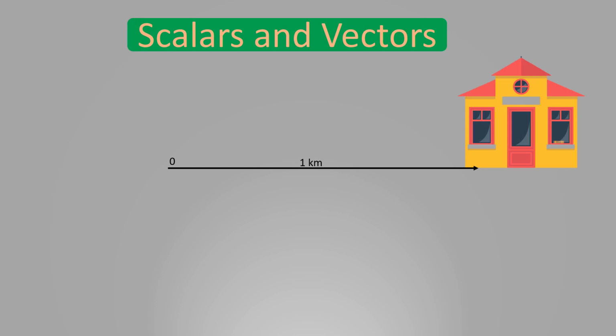In our daily life, we measure a lot of things, like the temperature of your body, the distance from the station, or if you go to your grocery store to buy some sugar. All of these physical quantities can be measured with a certain number, like your body temperature is 98 degrees Fahrenheit, or the amount of sugar you bought is 5 kilos, or the distance to the station is 12 kilometers.